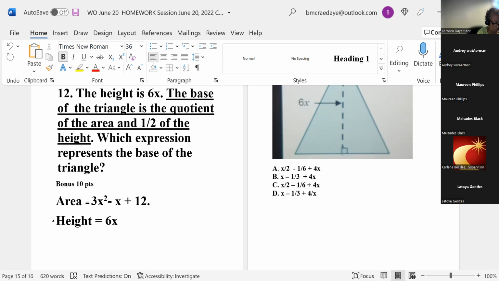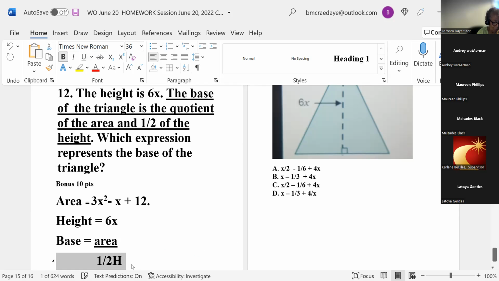Let's translate those words into the formula. Base, that Latoya just said, equals the quotient of the area. That means area divided by 1/2 of the height, right? So let's put area and our division here, and this is 1/2 times the height. So 1/2 times, and I'll just put H for height.